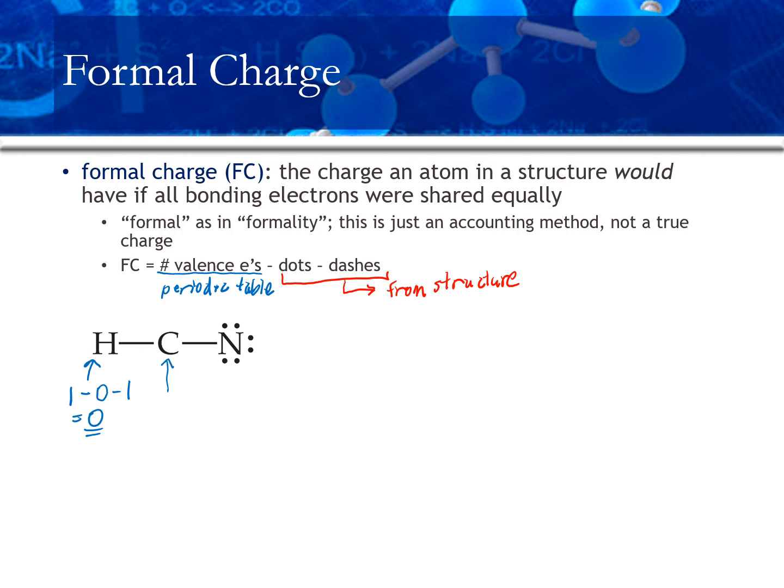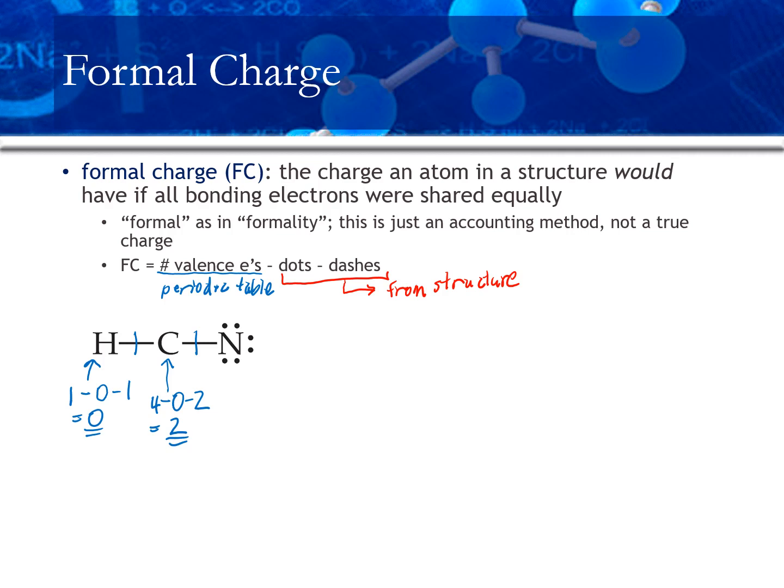Carbon, it's in column 4 on the periodic table, so when I look up the number of valence electrons, it's 4. It has 0 dots on it, and it has 2 dashes, this one and that one. So it has a formal charge of 2.